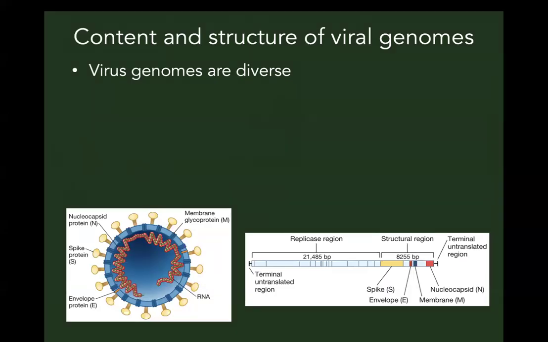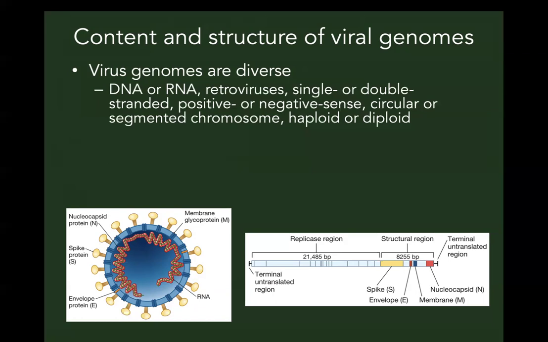All right, let's take a look at the genomes of different kinds of organisms that we want to take note of. Viral genomes are especially interesting to us because they are incredibly diverse. A virus can have either DNA or RNA as its genetic material.